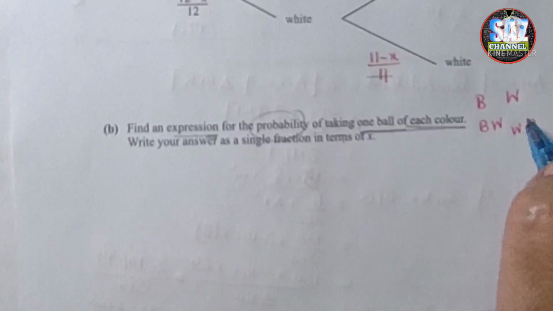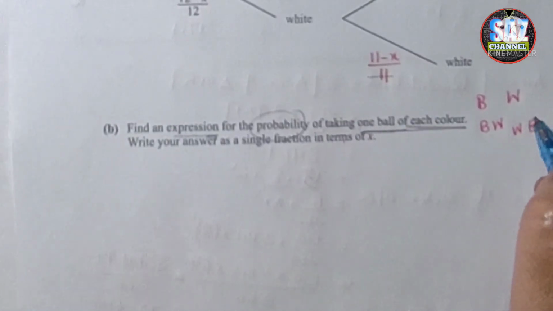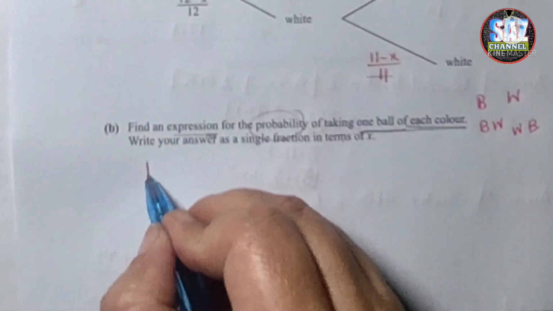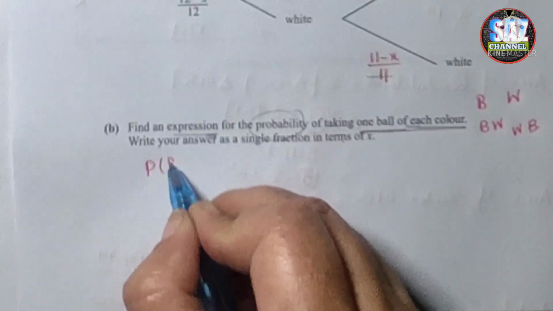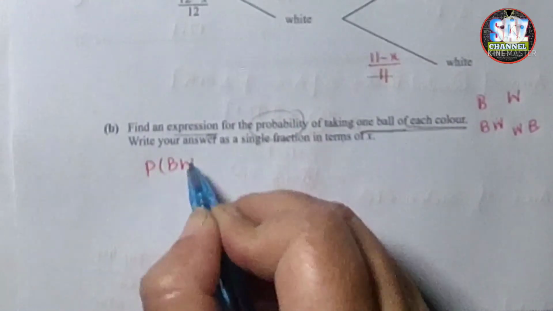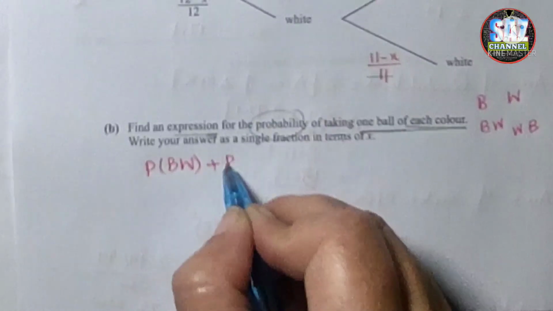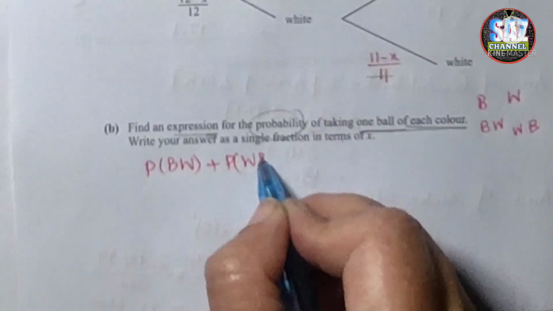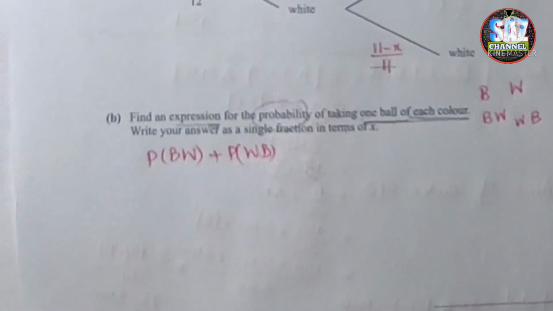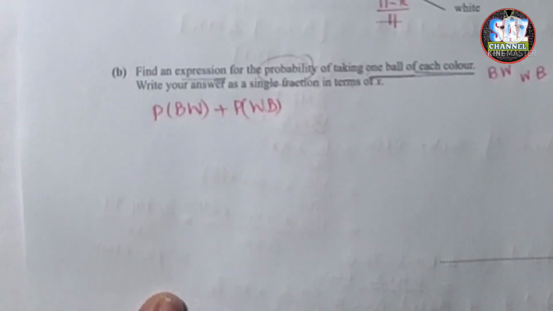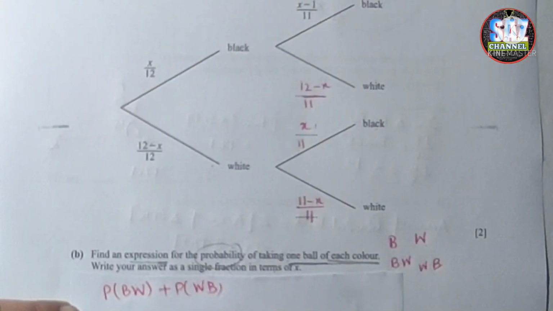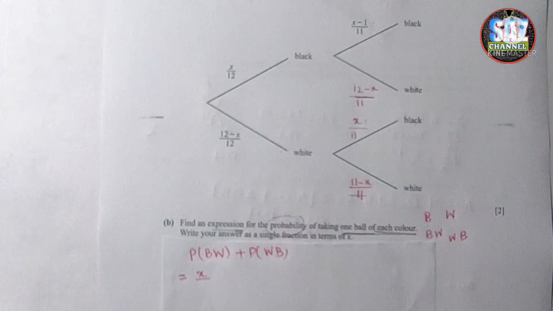So what we have to do is that we have to pick up either the probability of black with white, or white with black. Okay, and then look at the diagram carefully.